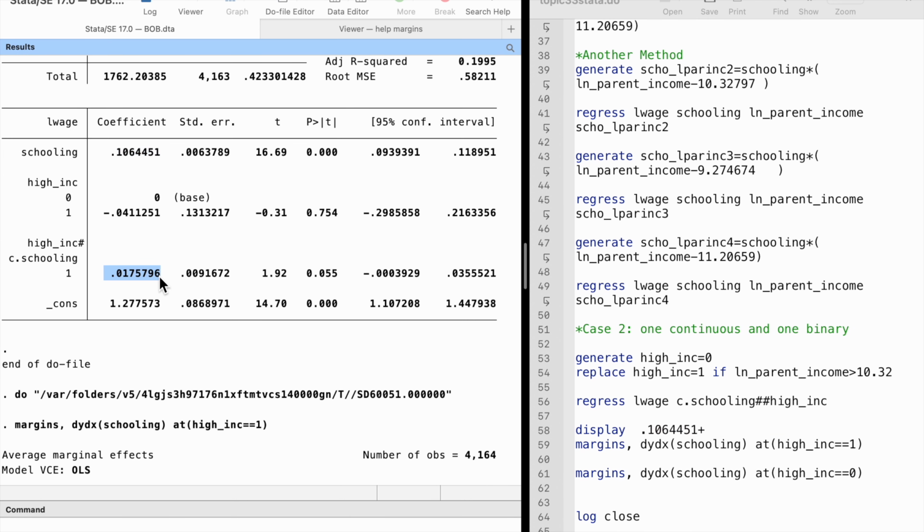The difference in the return to education is the coefficient of the interaction term. The difference is statistically significant at the 10% level.